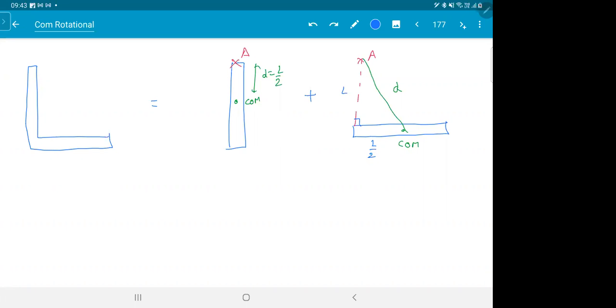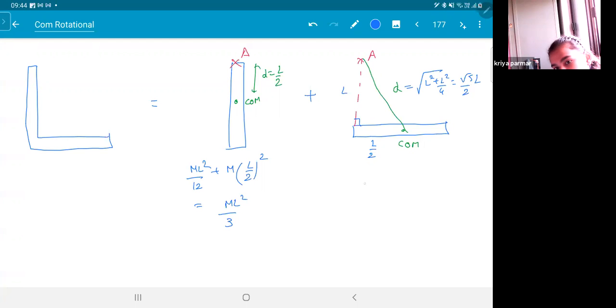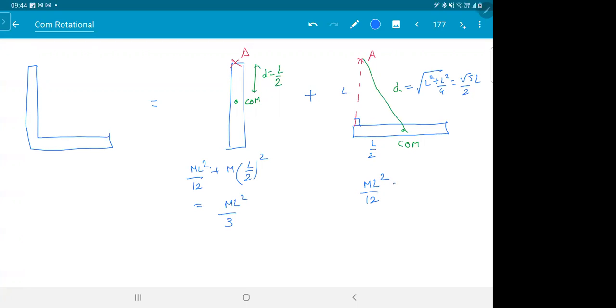Let me show you. What is it for this rod? ML square by 12, you actually know the result. Plus ML by 2 whole square, this would be ML square by 3. What is this D? L square by 4 plus L square, root 5 by 2. About center of mass, ML square by 12 plus M root 5 L by 2 whole square.